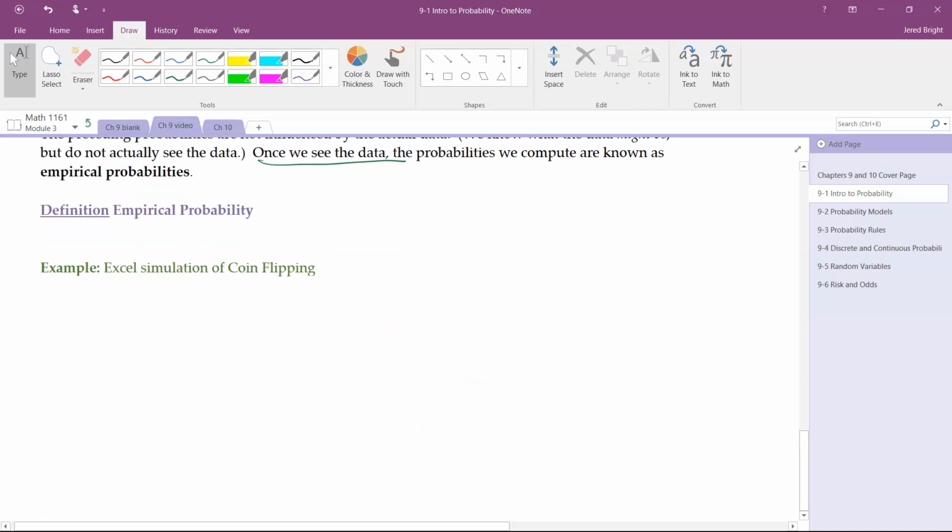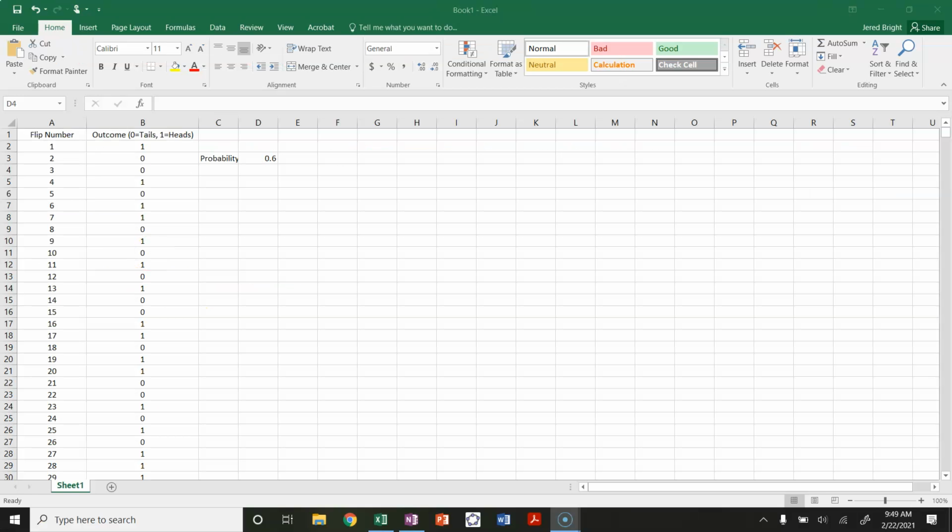All right, so to simulate empirical probability, let's flip into Excel and simulate coin flipping. So I've set up Excel to count through a number of flips, and then I use that RANDBETWEEN command that we've seen before to simulate flipping a coin. And so I said 0 is tails and 1 is heads, and here I have the probability of heads calculated.